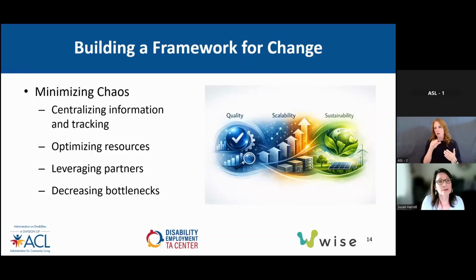And ultimately thinking about decreasing bottlenecks so that when there was a job, when there was an opportunity, things would flow smoothly and the hiring managers could expect that if they stepped in and decided they wanted to create a job, it all went smoothly from their end and that there was a good experience for the individual with disabilities, the managers of those departments, and everybody involved. Next slide.